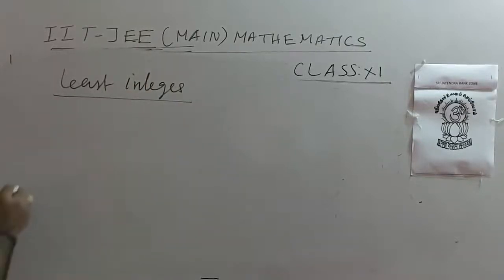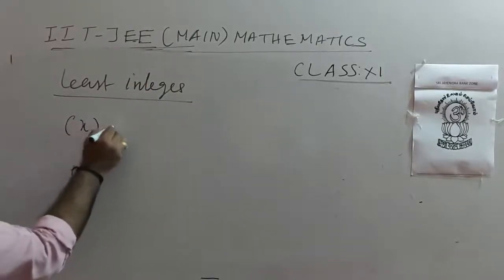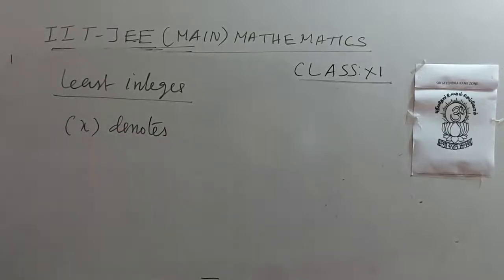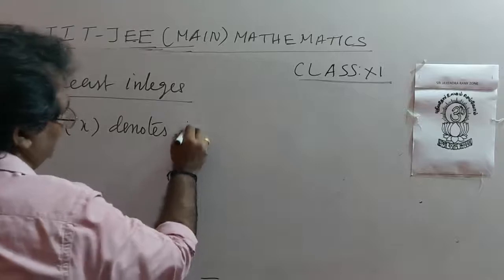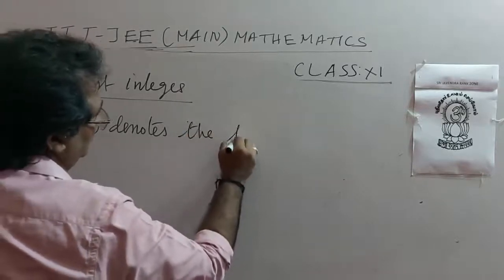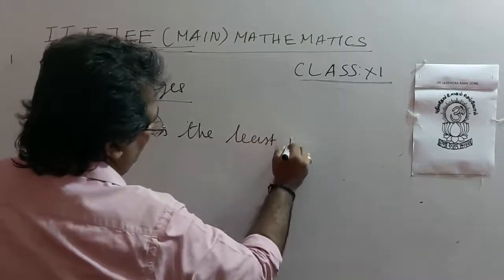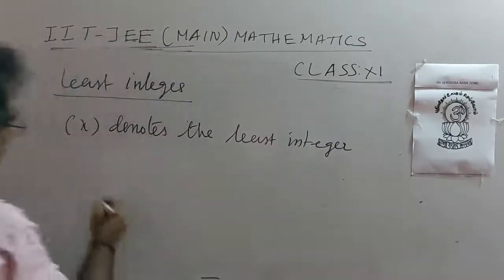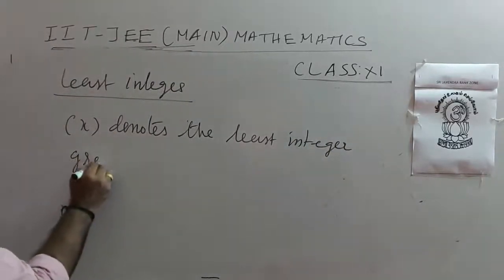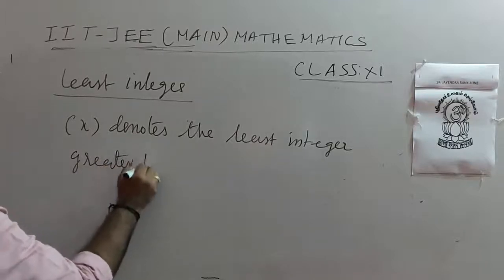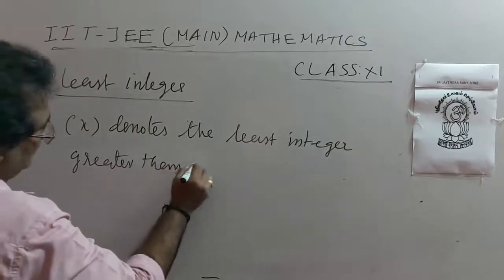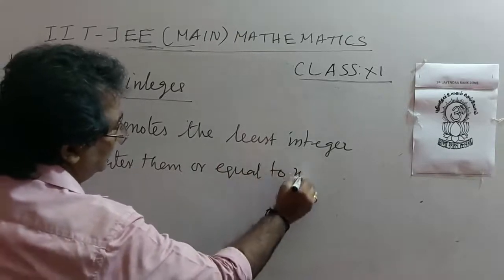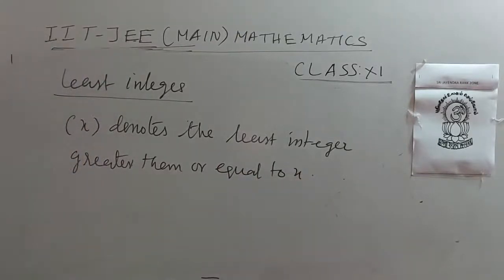Next one, least integer. This notation denotes the least integer greater than or equal to x.